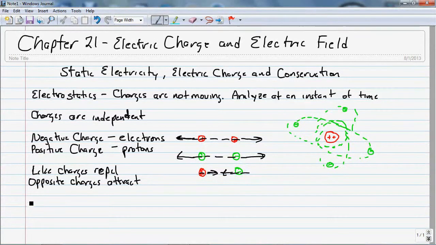Now, as we look at these problems, we have to remember that there is a law of conservation.